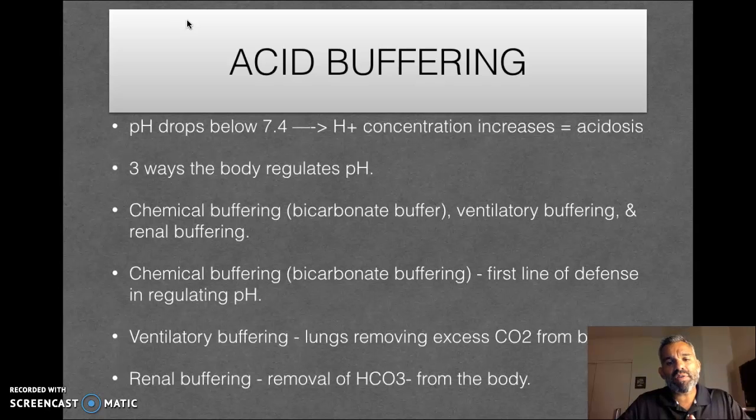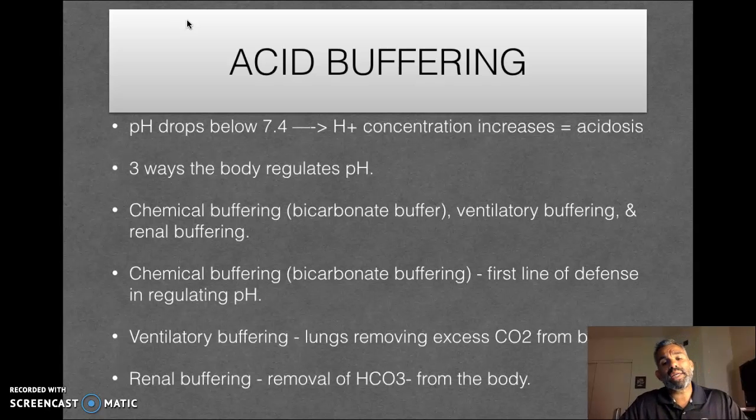And so chemical buffering, by example, let's take the example of bicarbonate buffering. What that does is, that is when hydrochloric acid converts to carbonic acid, combining with sodium bicarbonate to produce a slight reduction in pH. It's often referred to as the first line of defense in regulating a pH, chemical buffering. That is why there is a ventilatory buffering as well as a renal buffering.